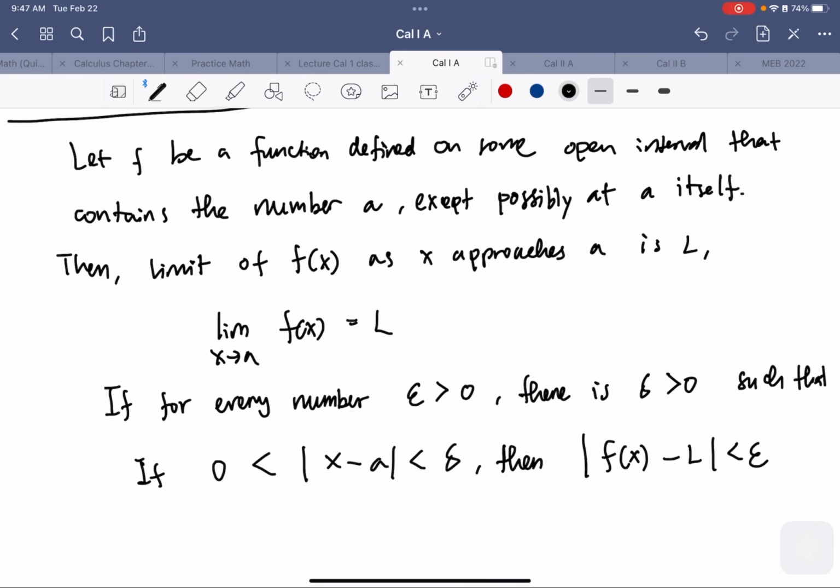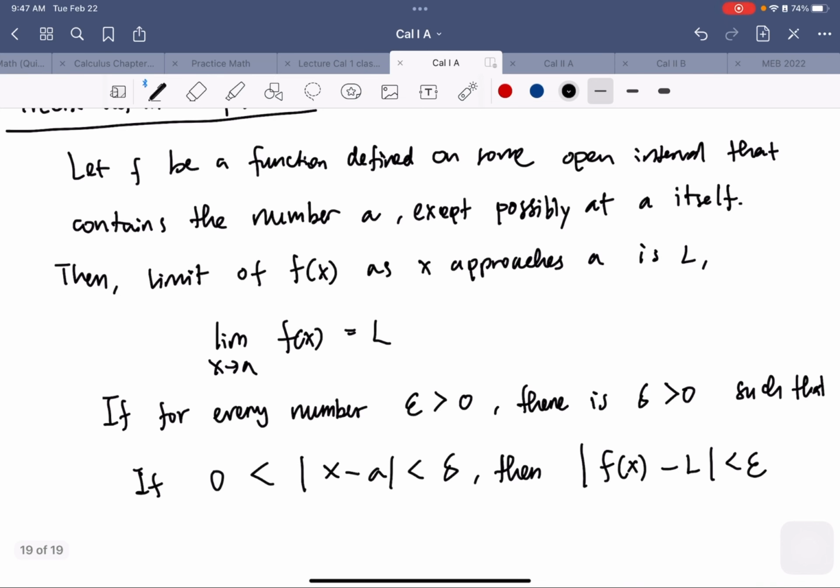Okay, I hope you understand this precise definition. What this means is, in real studies, when you have a function and you know that the function can be manipulated in some ways, you know how to relate it with the domain, the axis.